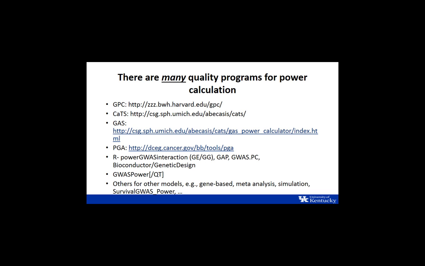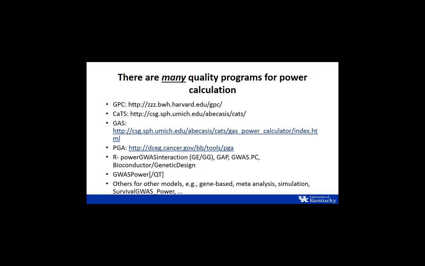There are many power calculators, and it's nice to be able to use something. Oftentimes you're going to code your own power calculation specific to the type of study design you have in mind. But here are a handful: GPC, CATS, GAS. Actually, GAS is an online implementation of CATS by Gonçalo Abecasis's lab. PGA.